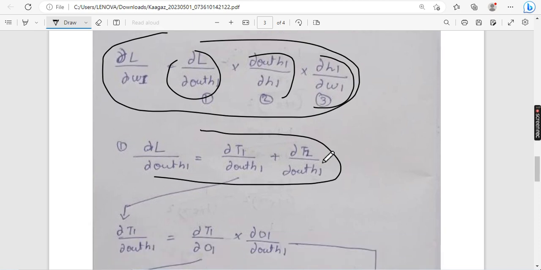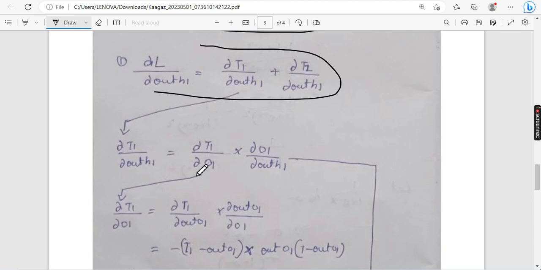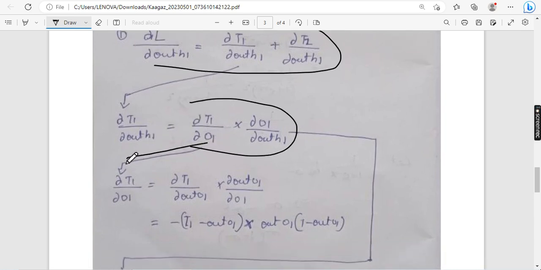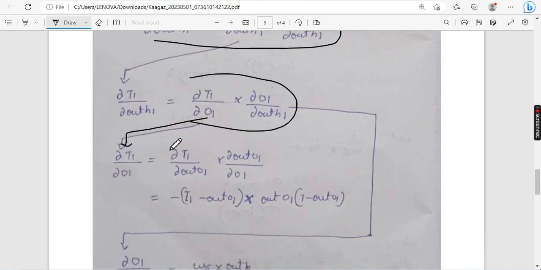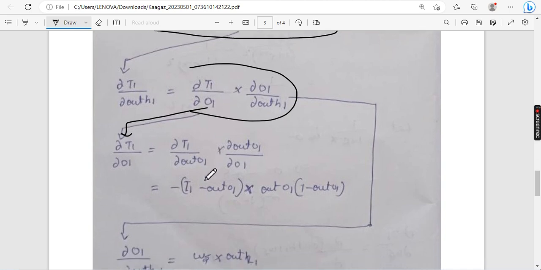So I can write the derivative of T1 with respect to output of H1 like this, which can be further divided like this, and this thing can be divided like this, okay? Looking at this you will understand, right? So I can write derivative of T1 with respect to O1 like this, and if I compute this I will get this as the answer, okay? I hope this makes sense.